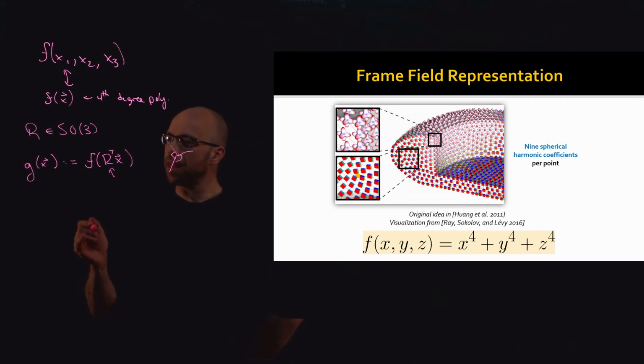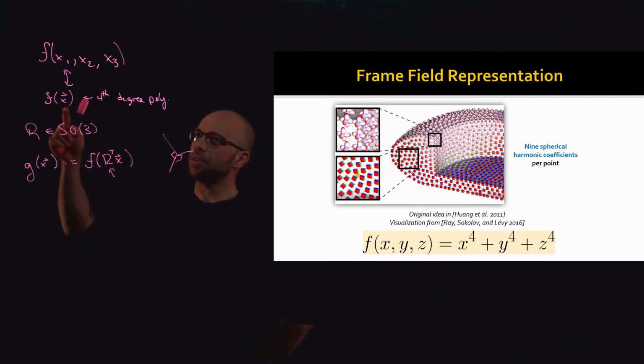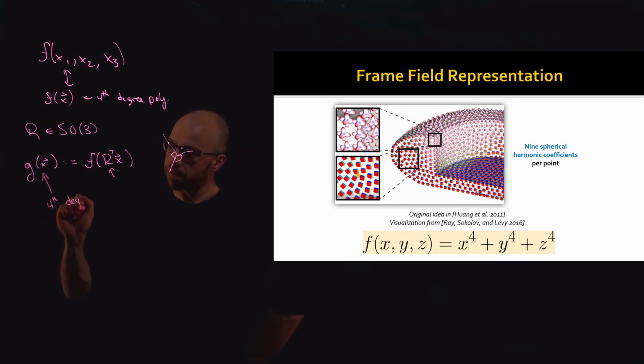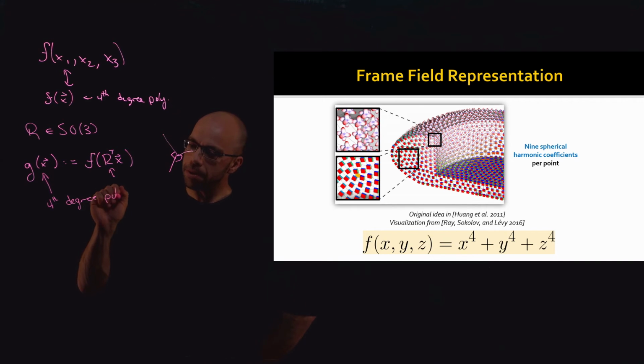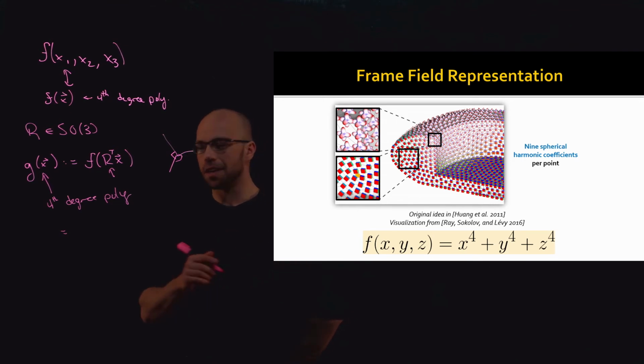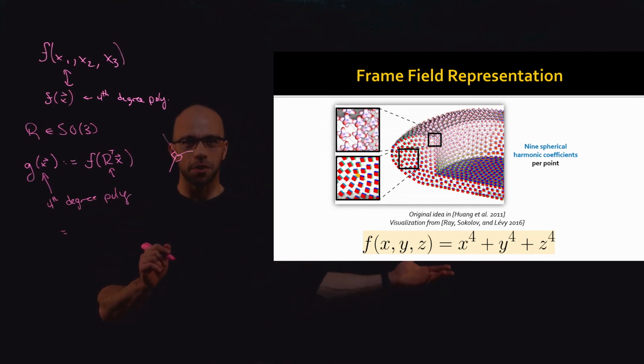Now, here's the thing. If f is a 4th degree polynomial, then so is g. G is also a 4th degree polynomial. In particular, what does that mean? That means that it's in fact a homogeneous polynomial, meaning that there are no 3rd order terms.